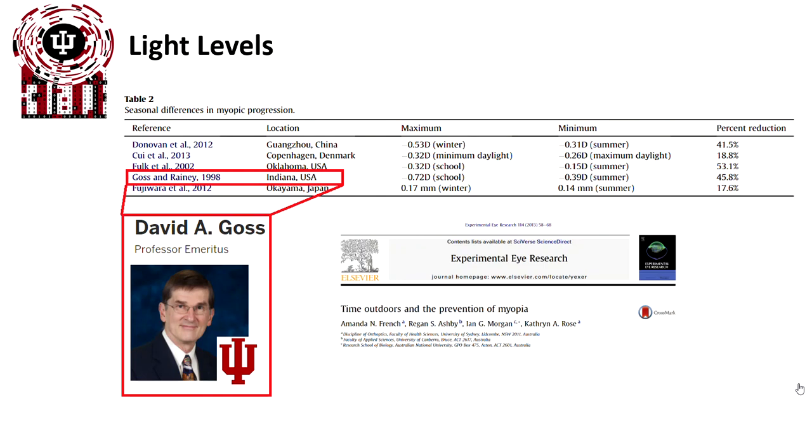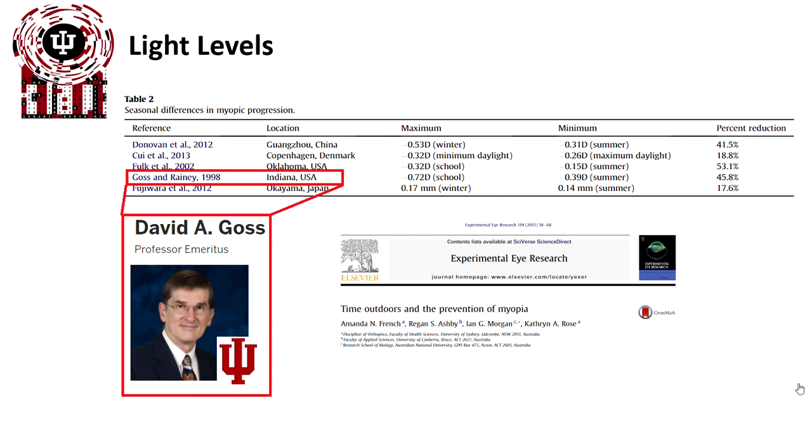Well, we start to see how this affects actual myopia progression. Here's a series of studies looking at the change in myopia progression or axial elongation based upon the seasons. One of those is by an IU graduate, an IU faculty member. What we see is people have the longest or the most growth during the minimum daylight periods of the winter.